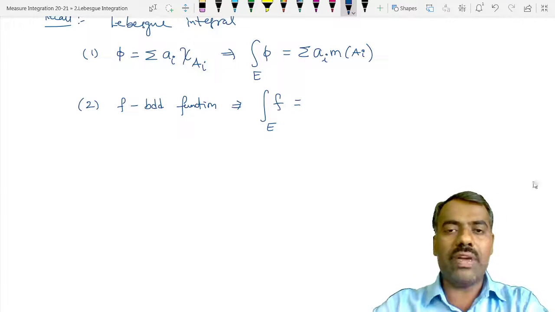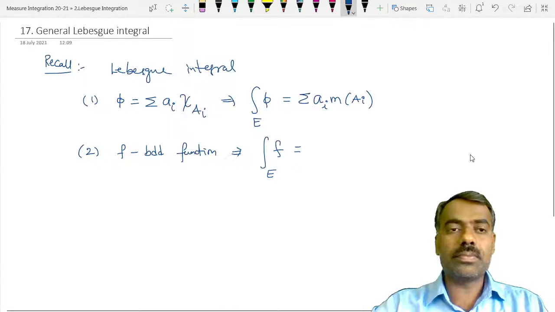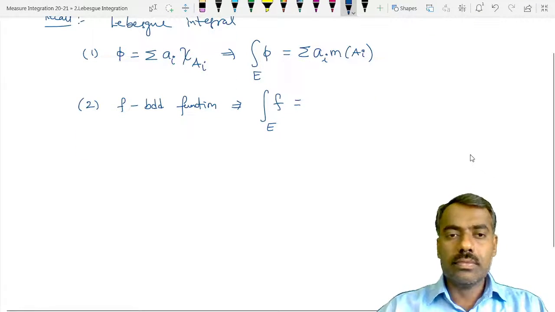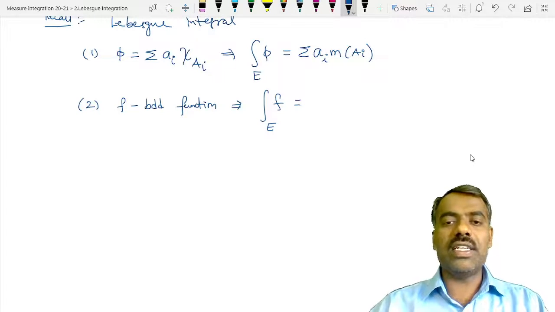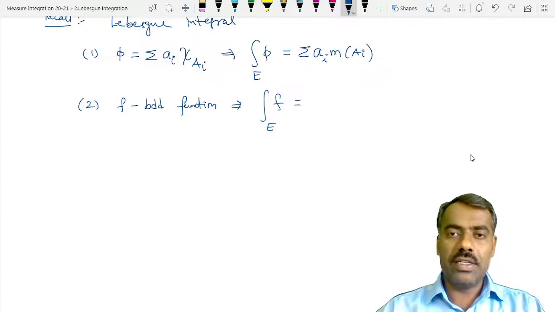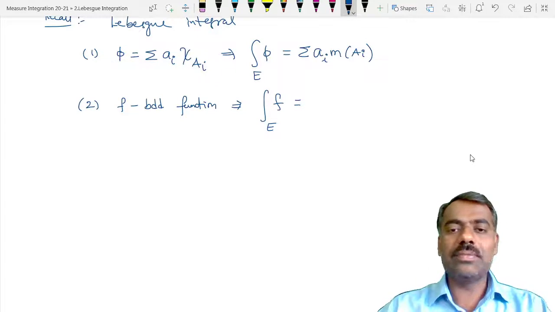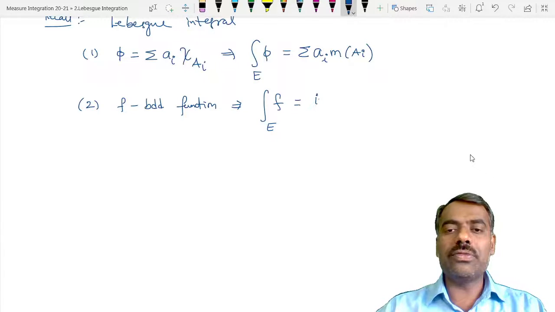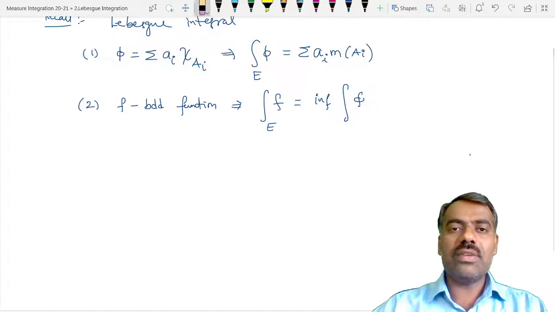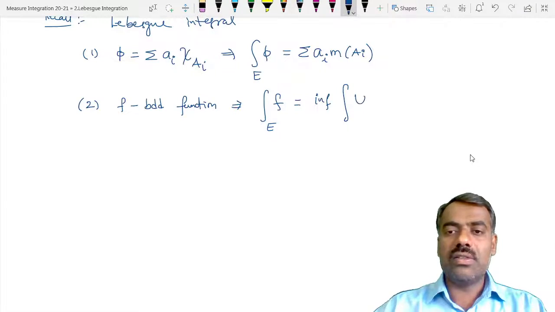It is the infimum of the integration of psi, where psi is greater than or equal to f and psi is a simple function.